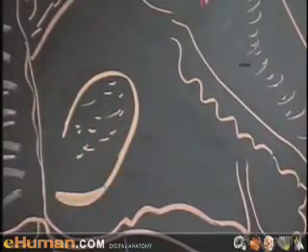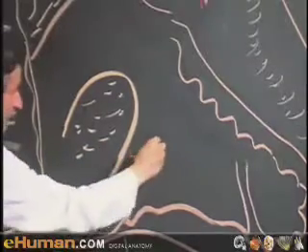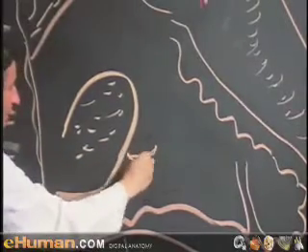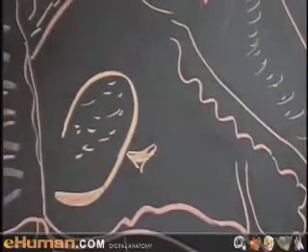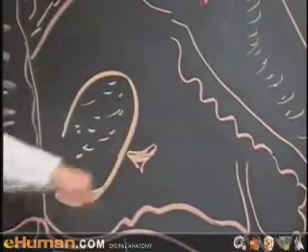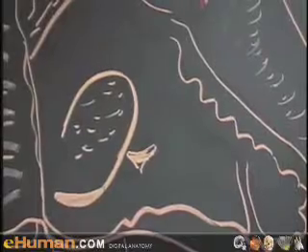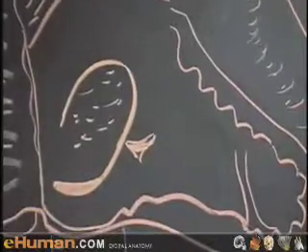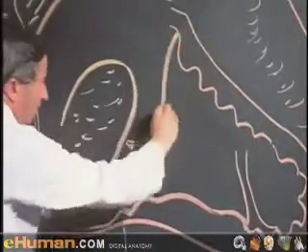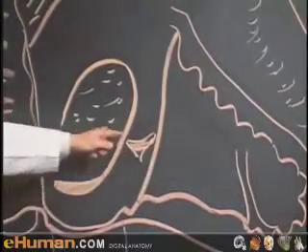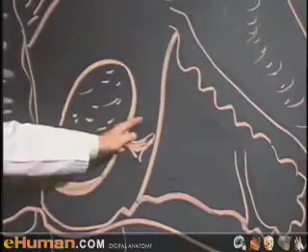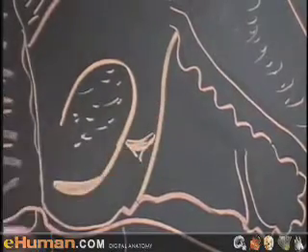Now on this side here we have the opening of the coronary sinus, guarded by a little valve cusp, and if you put your finger in there you go into the coronary sinus. Now this region here is the opening into the right ventricle. So here is the right atrioventricular orifice.